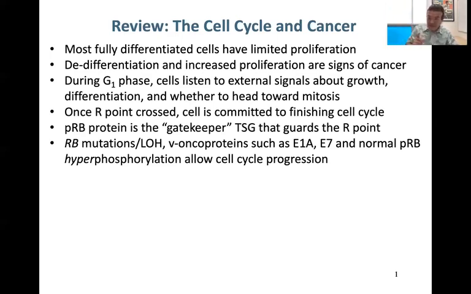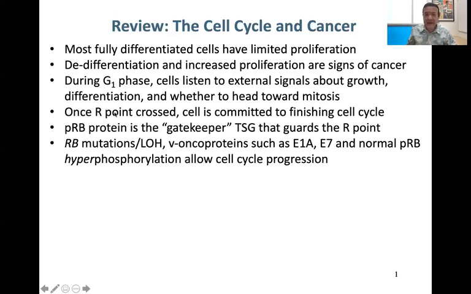Right? But importantly, we said what? If it keeps receiving enough mitogenic signals that end up pushing it to create a lot of cyclin Ds, CDK4, and that starts triggering the production of another wave of proteins. Once it reaches a certain critical mass of those proteins, if you want to think about it, then it plunges over the R point, the restriction point. And at this point, it's now going to go into S phase, and the cell is committed to seeing this process to the end, all the way through mitosis.